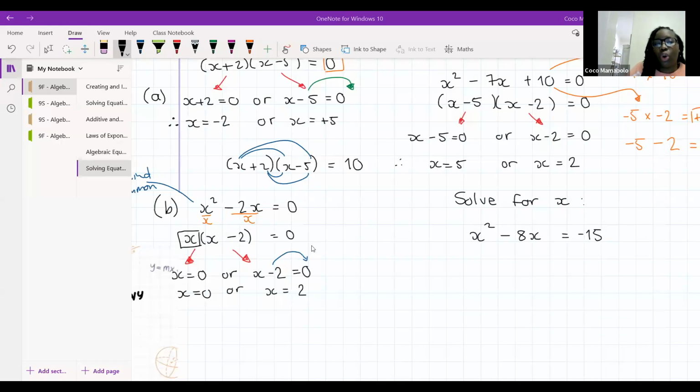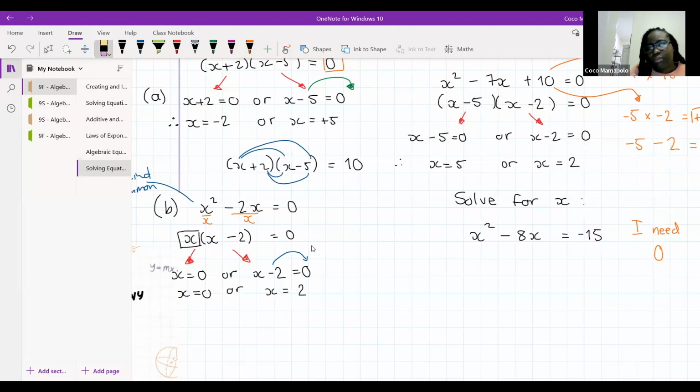Oh no. Remember, Tando, what do I need on my right-hand side? If I want to factorize, what do I need over here? I need 0. Do I have 0 on this side? No, we don't. So we need to move everything over to the other side in order to get 0, correct?